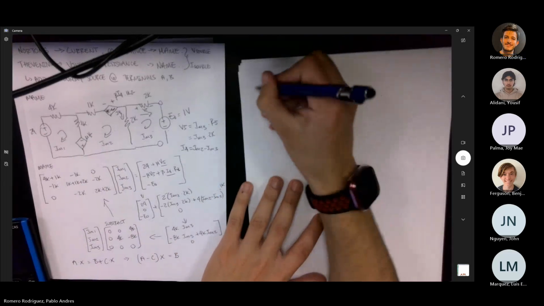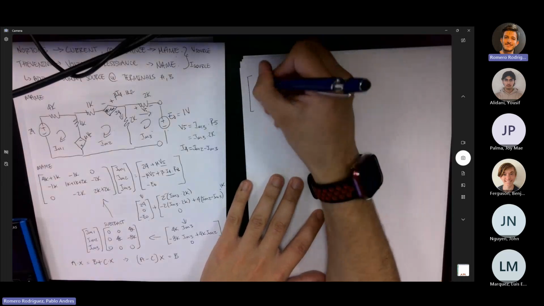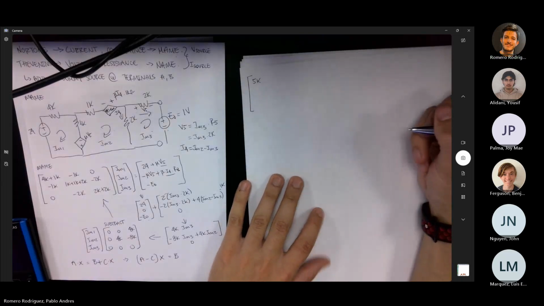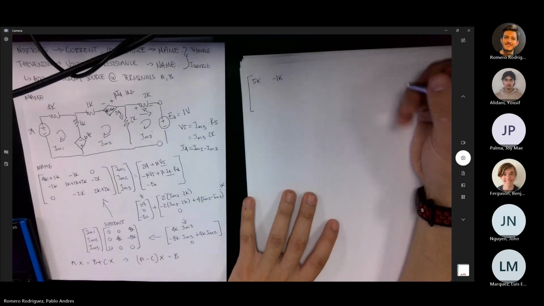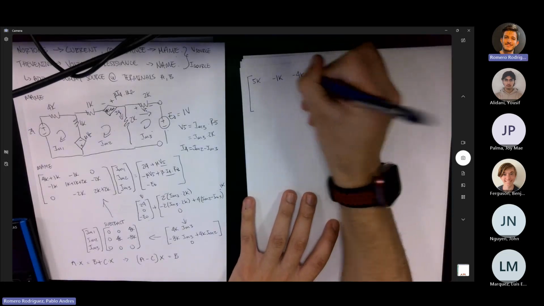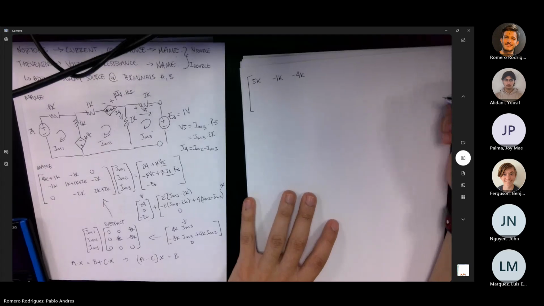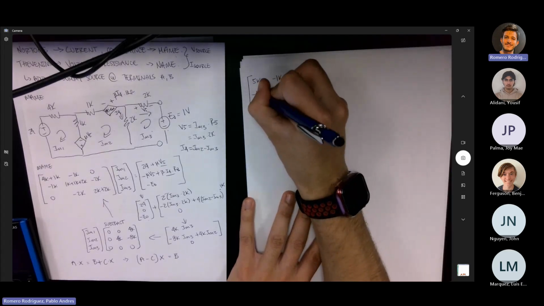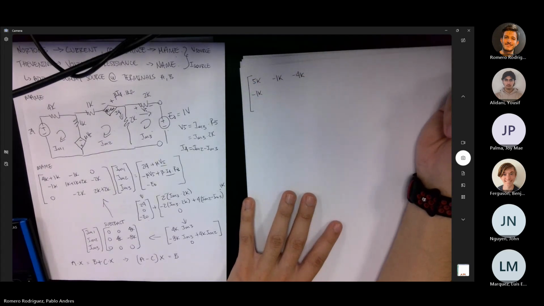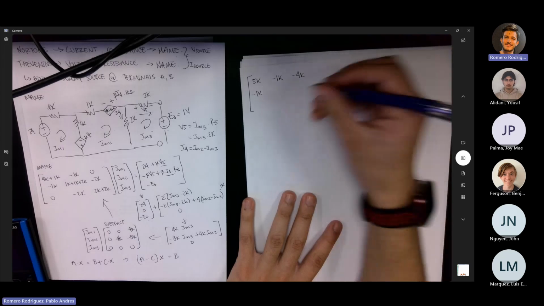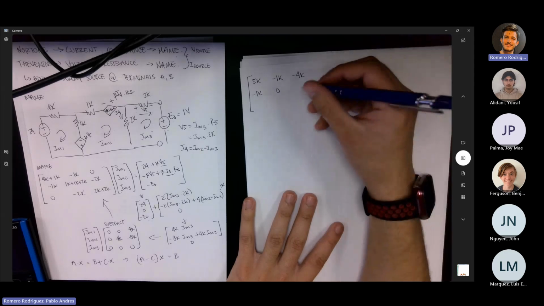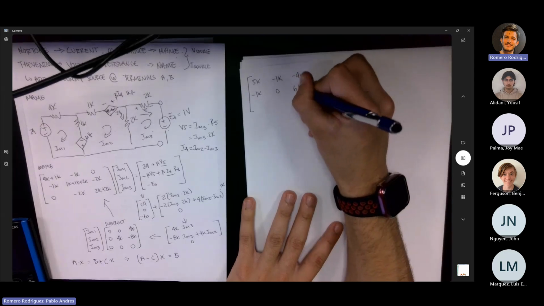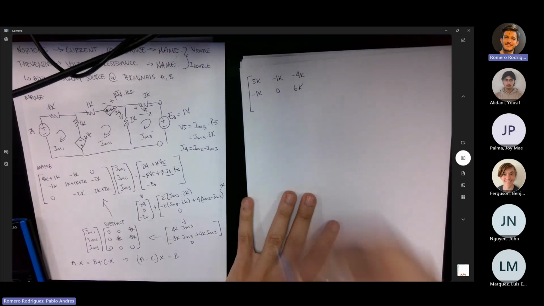Okay, let me move this over here. So let me simplify the numbers. We're going to have 5K here, negative 1K here, negative 4K here, negative 1K here. 4K minus 4K is 0. And negative 2K minus 8K is 6K, I think.